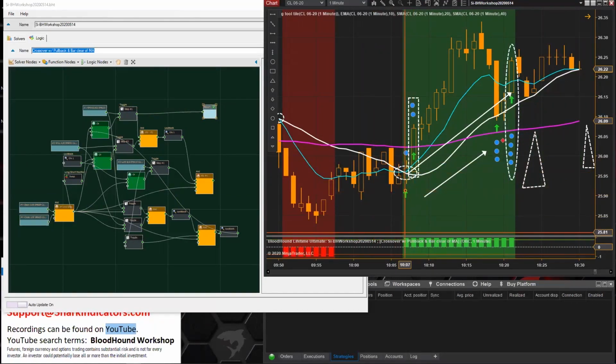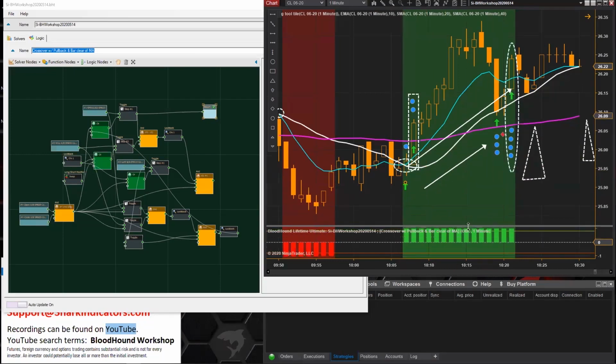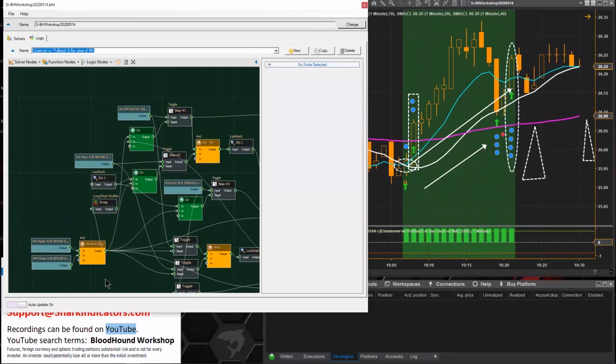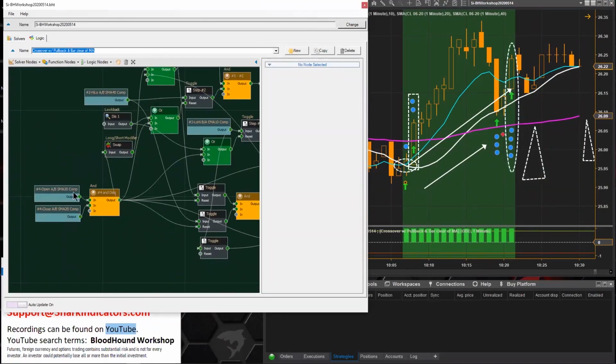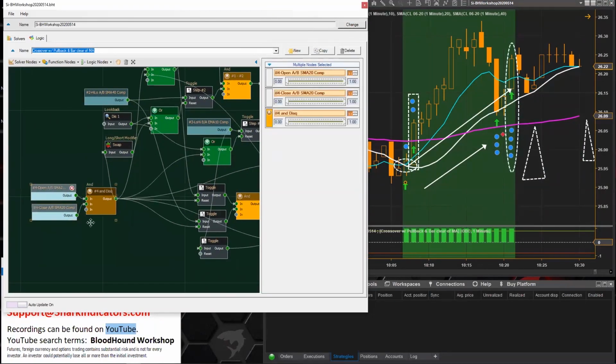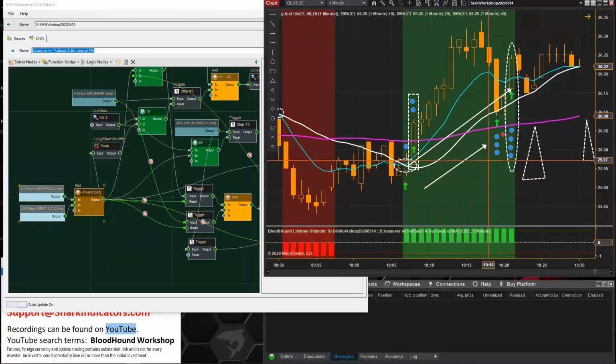The toggle node takes that long crossover signal and holds on to it, but I'm using long signals to also turn the toggle node off. Remember, this is our step 4 here: if it produced a short signal anywhere in this area, that was the disqualifier to kill this long signal.